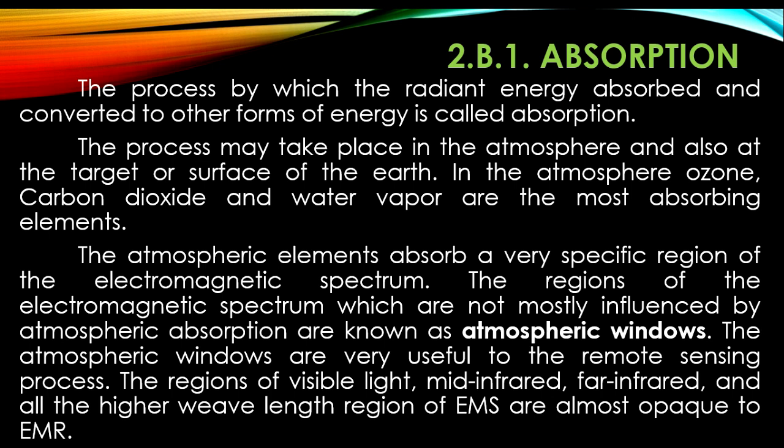The atmospheric elements absorb a very specific region of the electromagnetic spectrum. The regions of the electromagnetic spectrum which are not mostly influenced by atmospheric absorption are known as atmospheric windows.